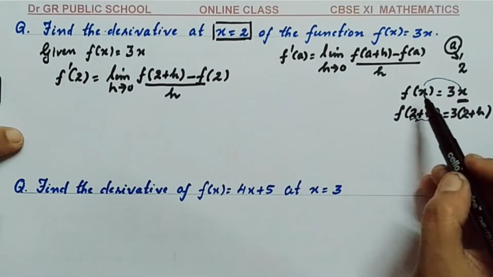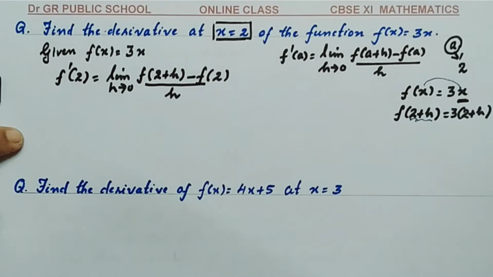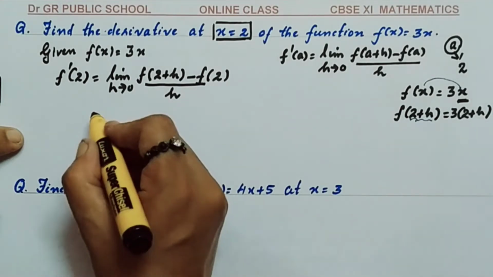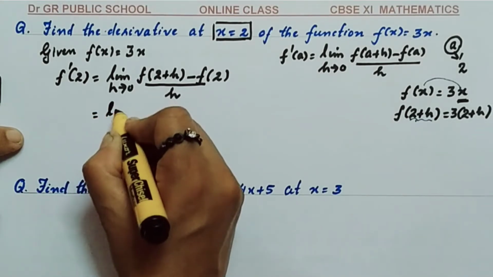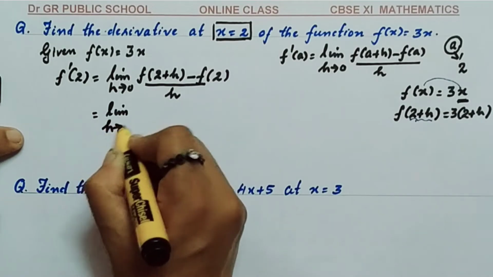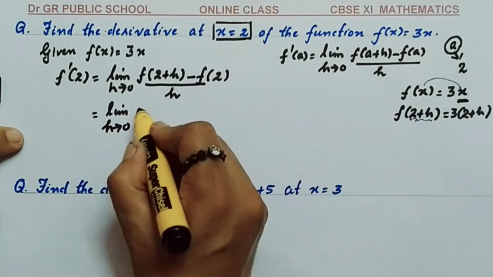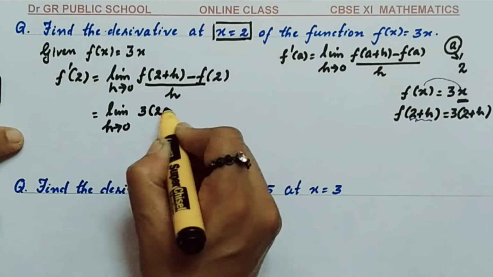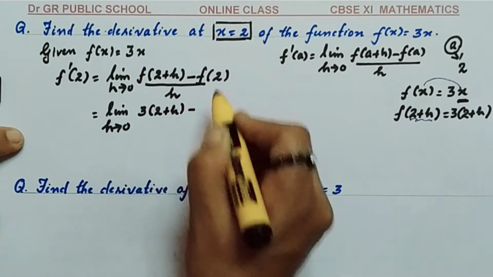So, I am going to substitute the value here: limit h tends to 0, f of 2 plus h can be replaced with 3 into 2 plus h, minus f of 2.